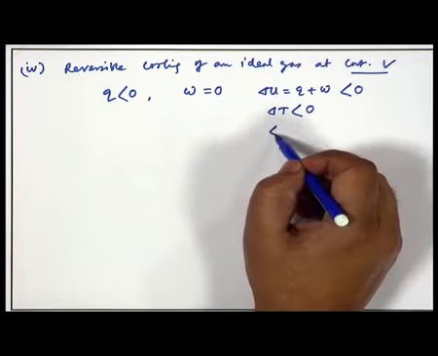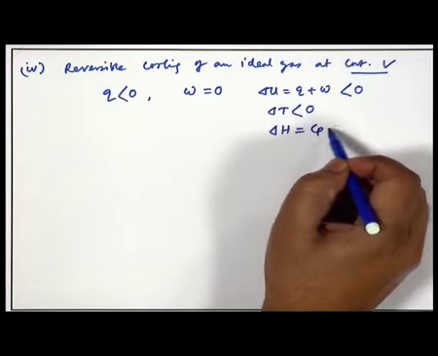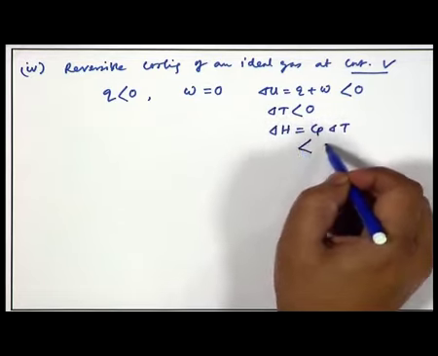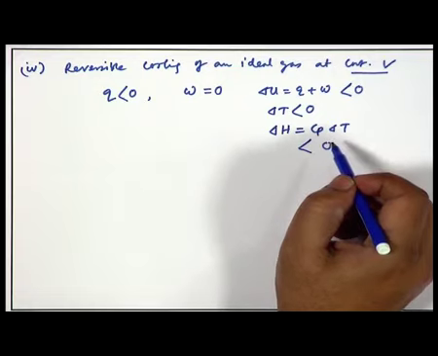Once delta T is less than 0, del H equals C P del T, which is also less than 0.